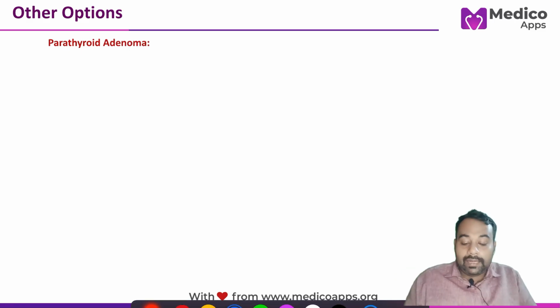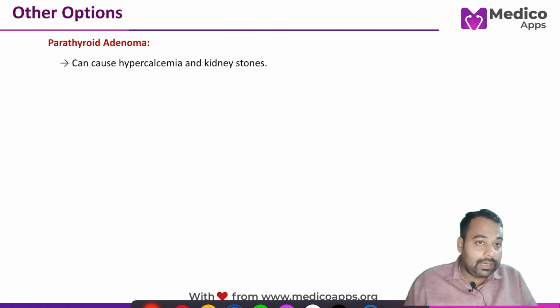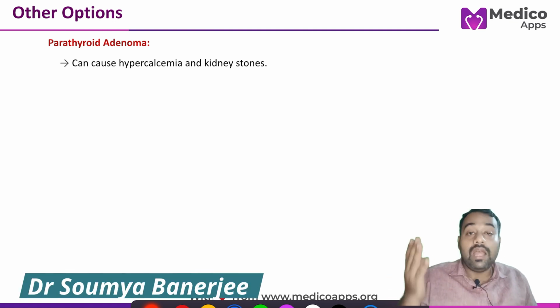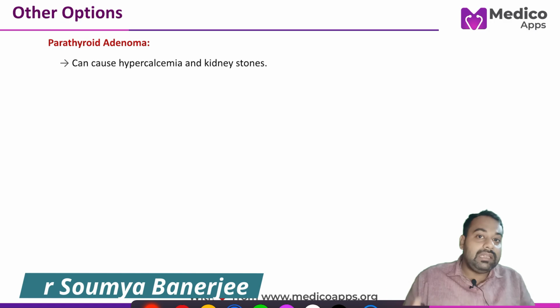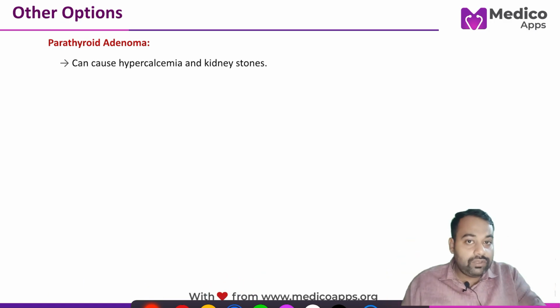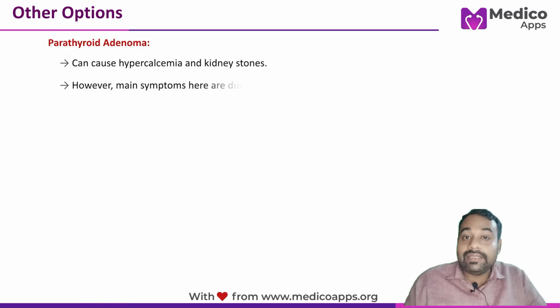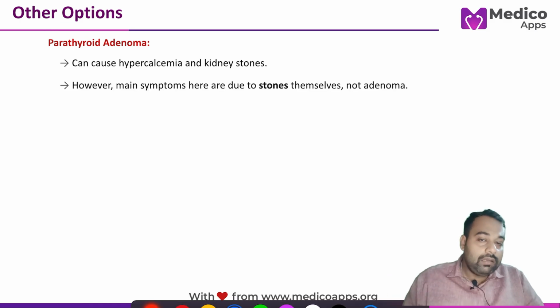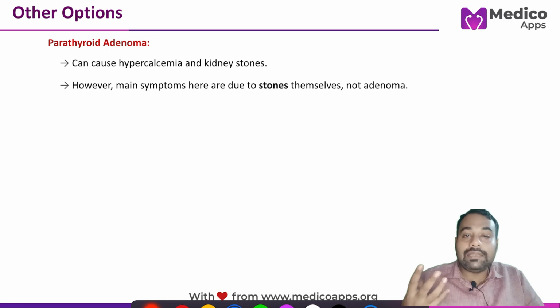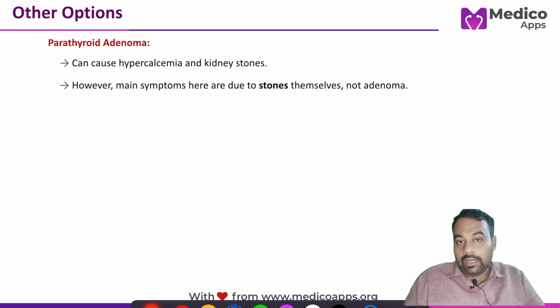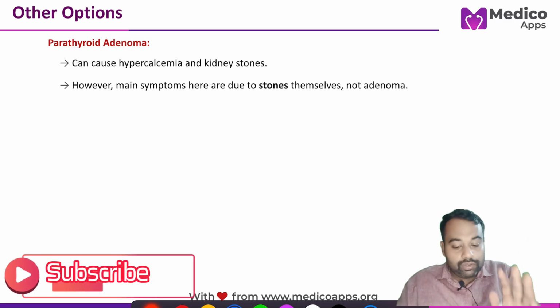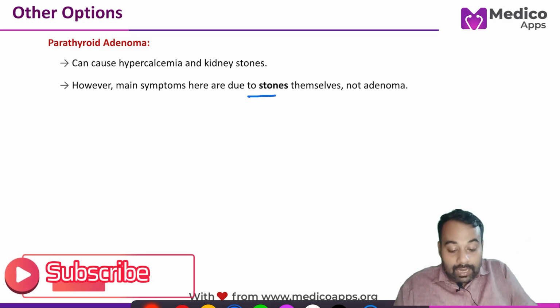So we have the parathyroid adenoma. Your parathyroid adenoma is associated with an increased level of calcium in the blood, and that is seen in the urine as well. There is hypercalciuria. This hypercalciuria eventually results in the formation of stones as well. So stones are seen in case of parathyroid adenoma.